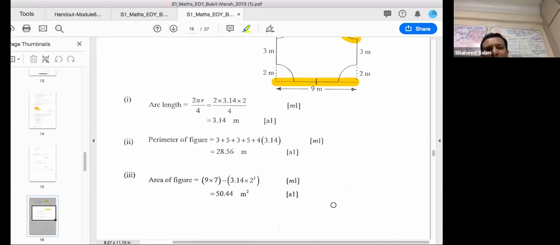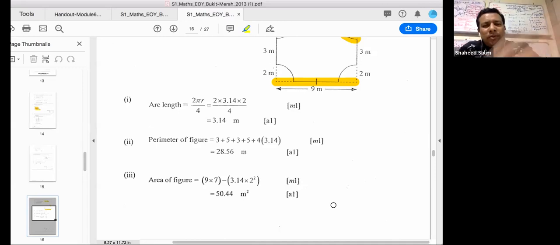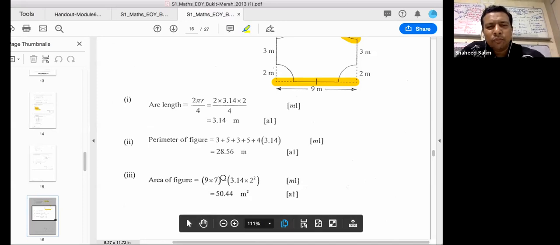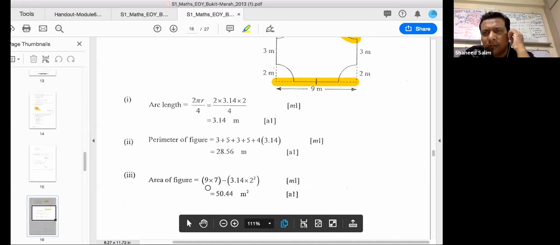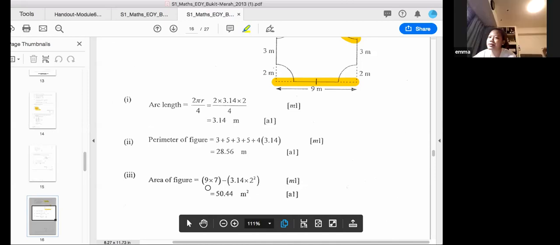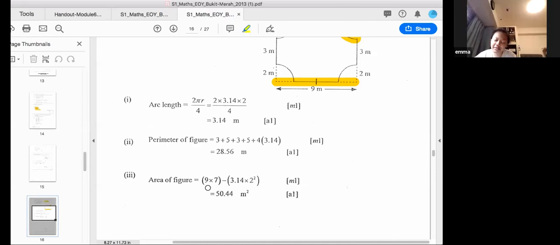Okay, anyway, I think maybe you made a mistake. Which was your mistake? 9 times 7 or earlier on? You found the wrong area for the rectangle or the wrong area for the circle? Wrong area for the rectangle. What was your area? 9 times 3. Oh, okay.